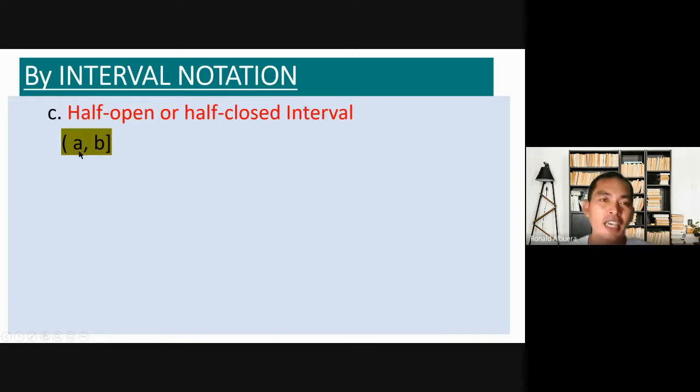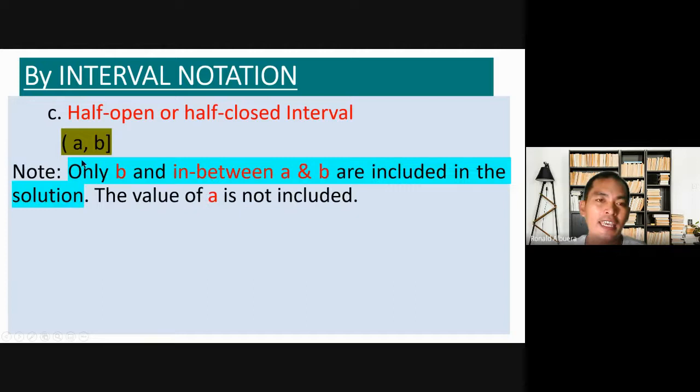You can say it as half open from A to B or half closed from A to B. Okay? Ang ibig sabihin nito ay only B and in between A and B are included in the solution. The value of A is not included.